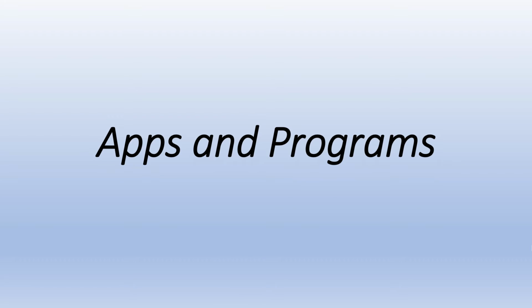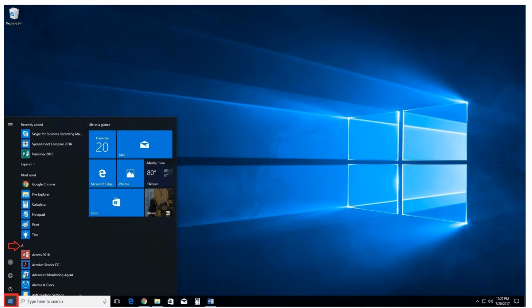Okay, now that we've learned the internet, let's talk about apps and programs that are on your computer. Apps and programs are very similar. The main difference is apps usually come from the App Store, which is a Windows Microsoft run store, so you know that they're tested and don't have any viruses and stuff.